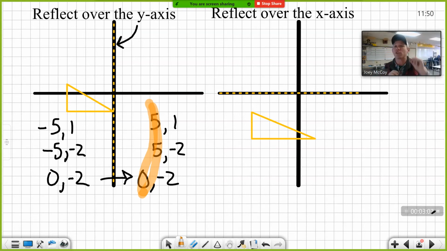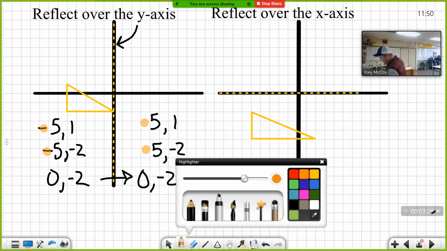Notice the height didn't change, therefore the y values did not change. And so in this problem, we can recognize the negative became positive. That's it. So the easy way to do this is to think about what's happening on the coordinate grid. The negatives became positive. Let's apply that to our next problem.